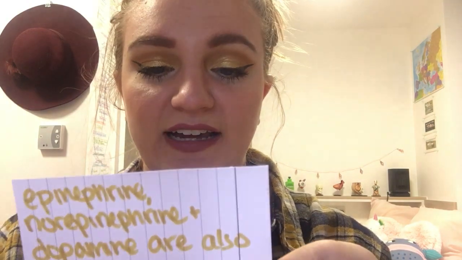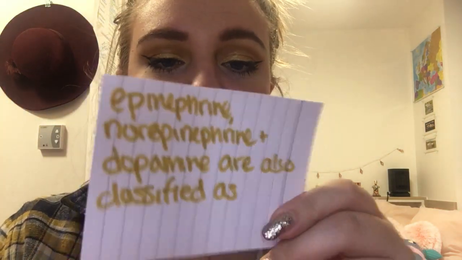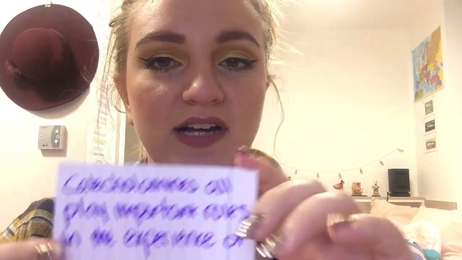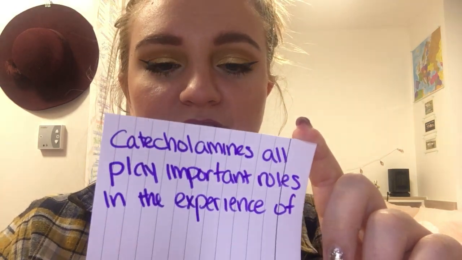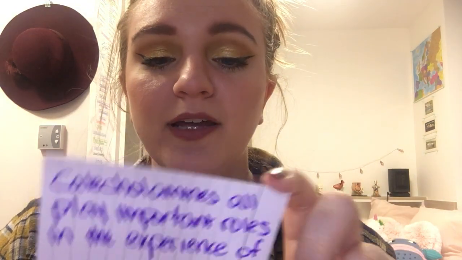Those catecholamines can also be classified as monoamines or biogenic amines. That's another term you might hear used to describe them. They all play important roles in the experience of emotions.